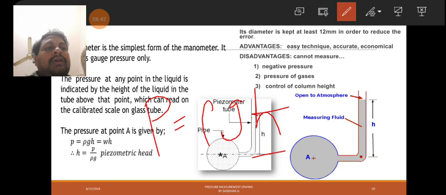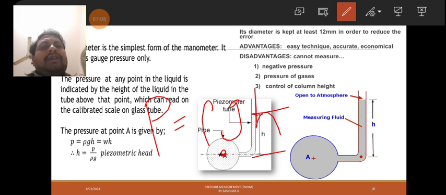Rho g h is the weight of the fluid, and that is the piezometric height.